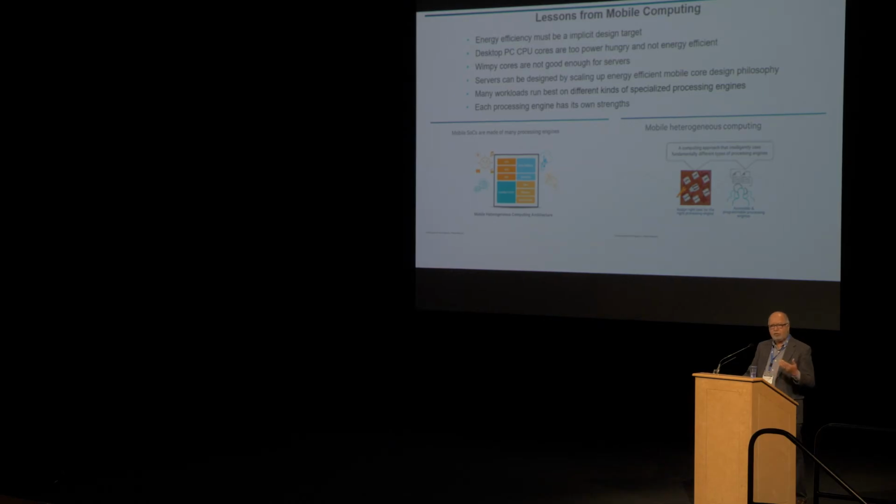But what we also noticed is that on the smartphone, many workloads require something other than just the general purpose CPU. Smartphones for years have had DSPs, they've had GPUs, and different workloads run on different engines because they are best suited for the kind of workload. So you can now do deep learning inference on your smartphone, and that's done using the DSP, for example.